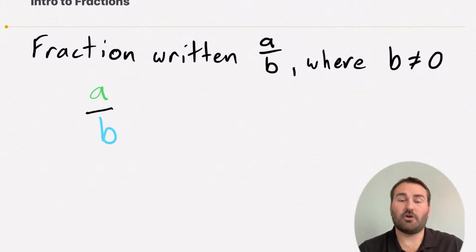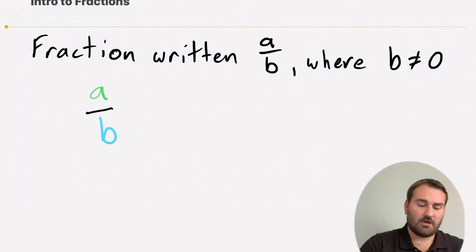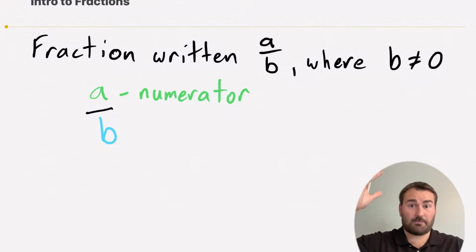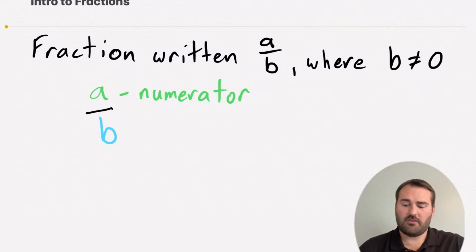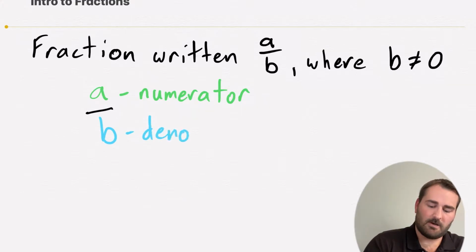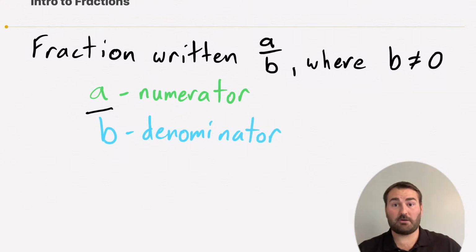It's going to be fine. So the a, the top, that is referred to as the numerator. So the numerator is on top of the fraction every time. The bottom then is referred to as the denominator. So the denominator is on the bottom of the fraction.